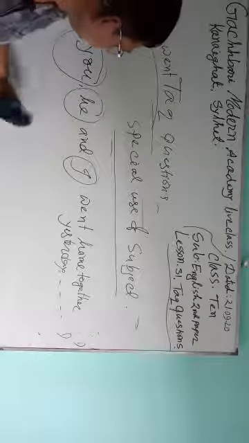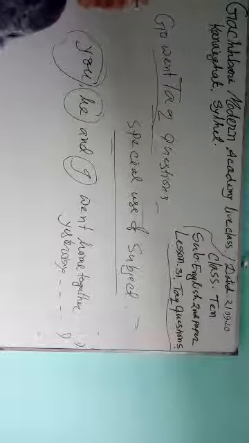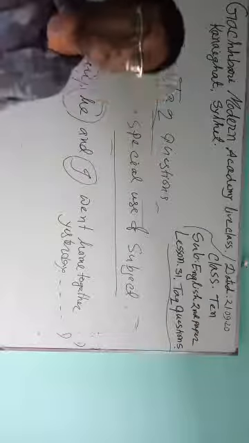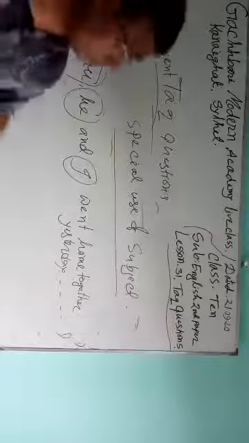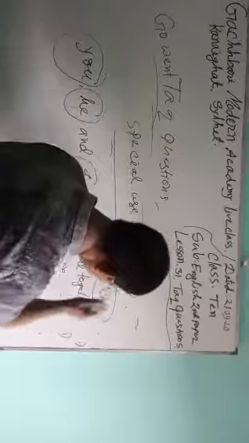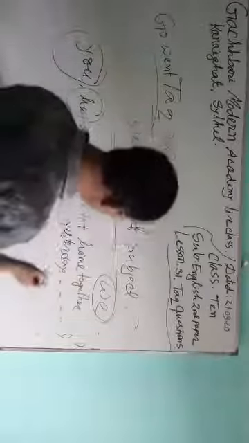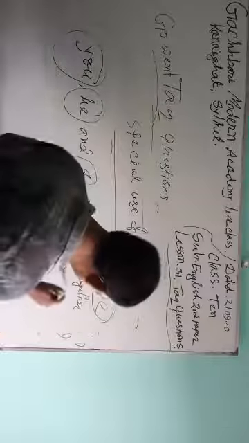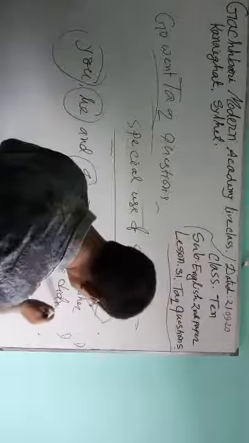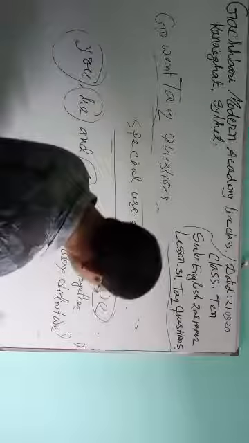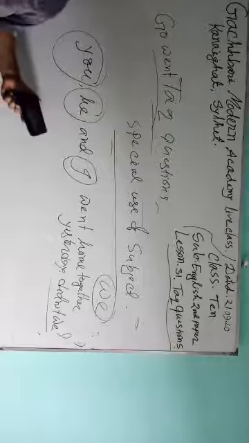If you find all three persons in one sentence, you must use we as the subject of the tag question. So I write the answer: didn't we. Dear students, is it clear to you?